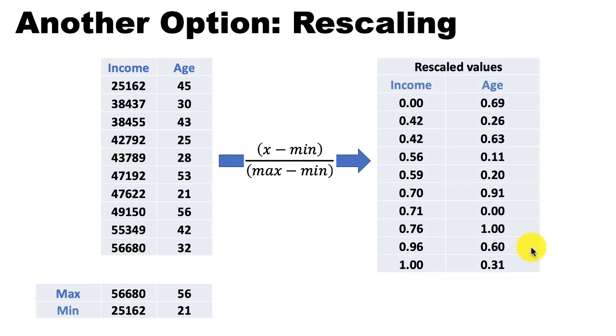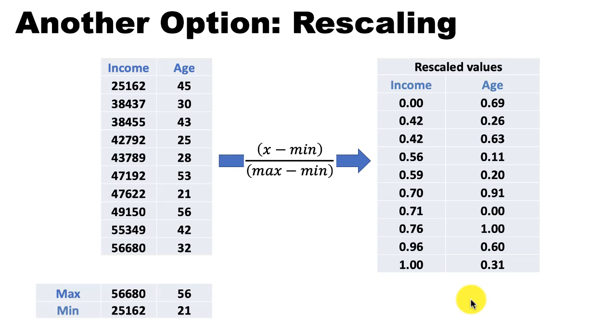So once again, you can see this 25,162 happened to be the minimum, so it became 0. And 56,680 was the maximum, so it became 1. And the other values are all in between. It looks like all the incomes are arranged in order here. Not so with age. Okay, so the same thing has happened. So this is another option.